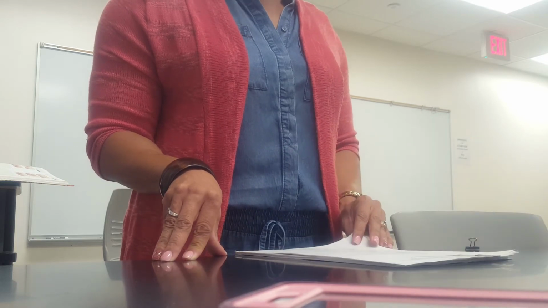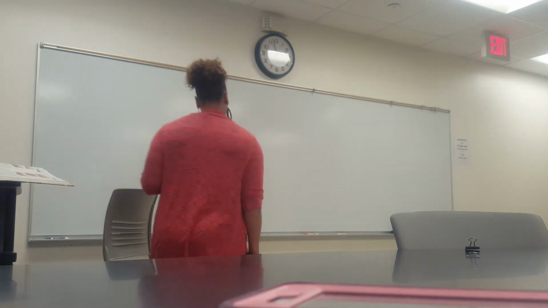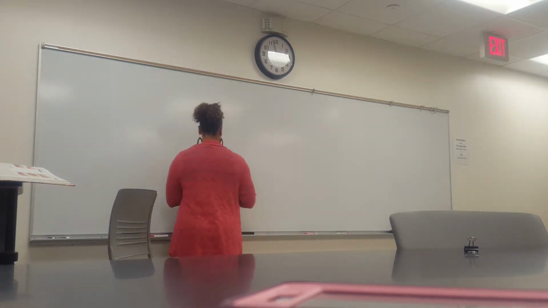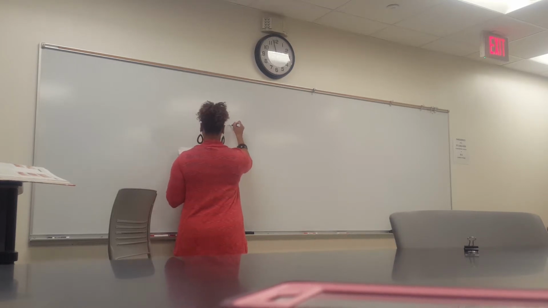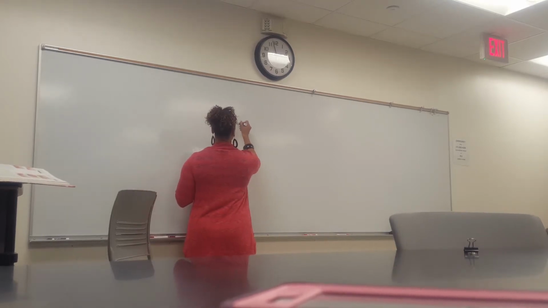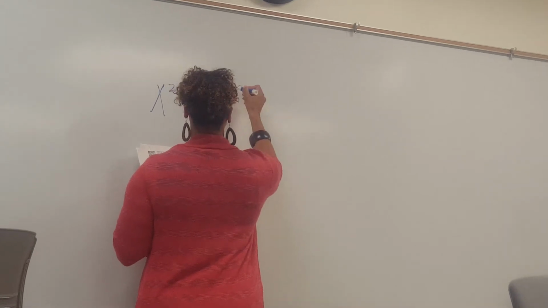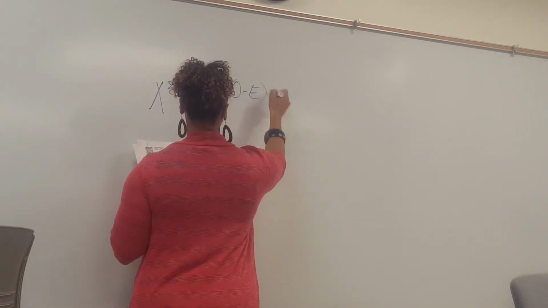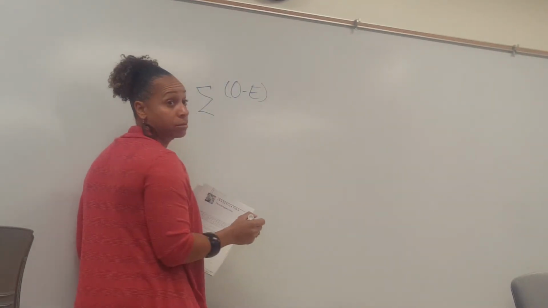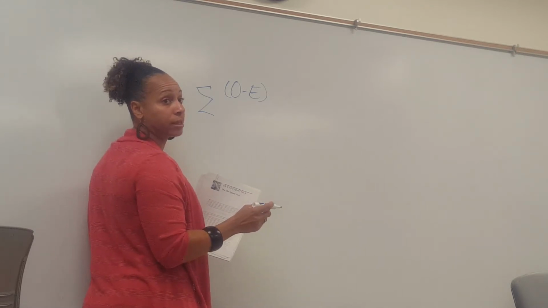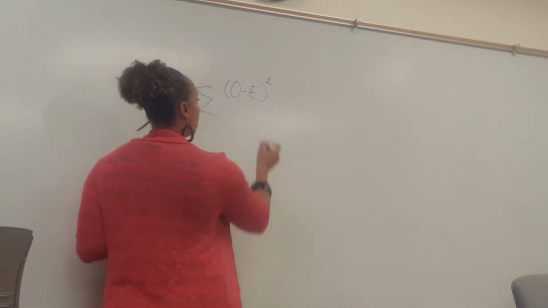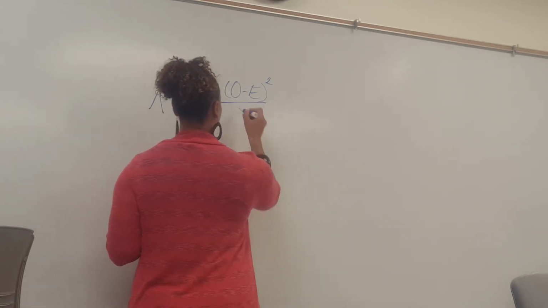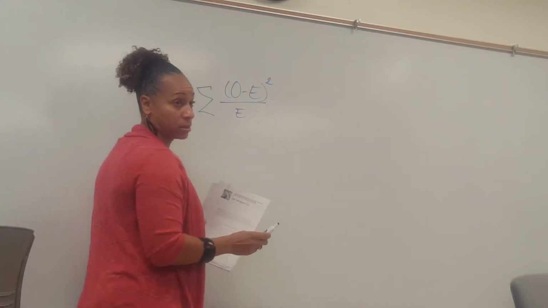Okay? And so the calculation for chi-squared is the sum of your observed minus your expected, which you have already calculated when you go do your probabilities. You take that number, square it, and then you're going to divide it by your expected.